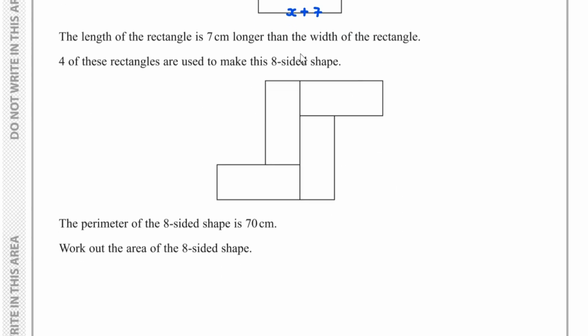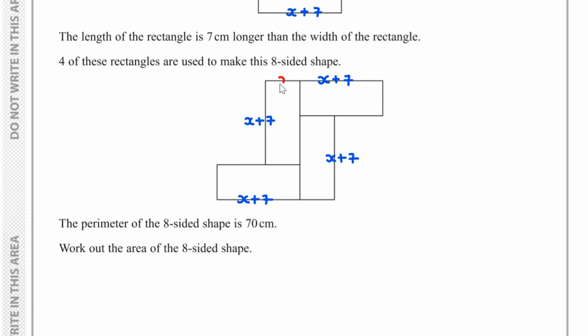So if we amend this diagram, we've got the x plus 7 here, we've got x plus 7 here, and we've also got x plus 7 here, and we've got x plus 7 here.